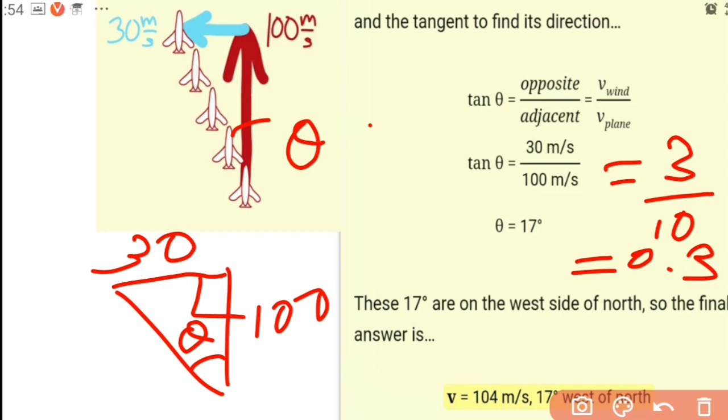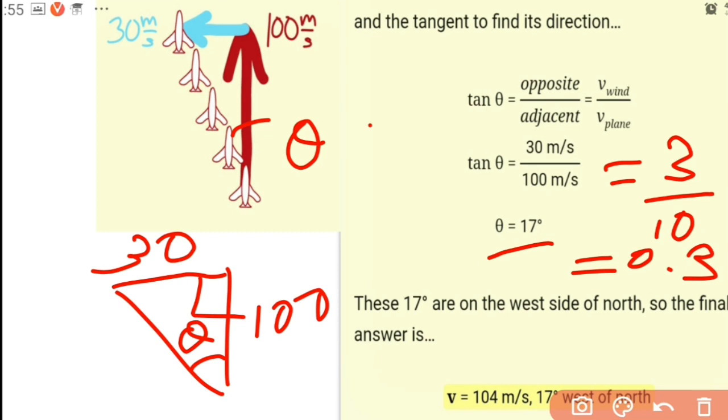Now you have to find what? Tan theta equal to 0.3, so you have to find tan inverse 0.3. We will be discussing how to find the inverse value. So you will be getting theta to be 17 degree, and the 17 degree from where?